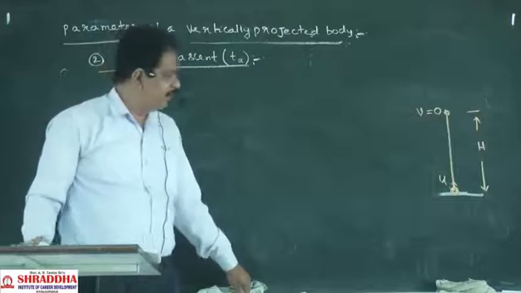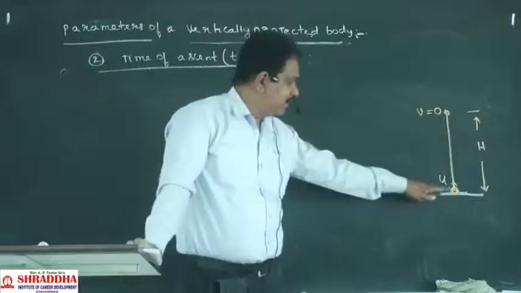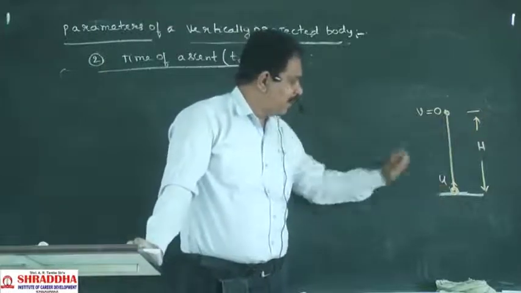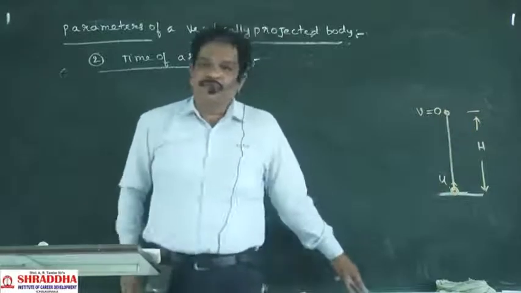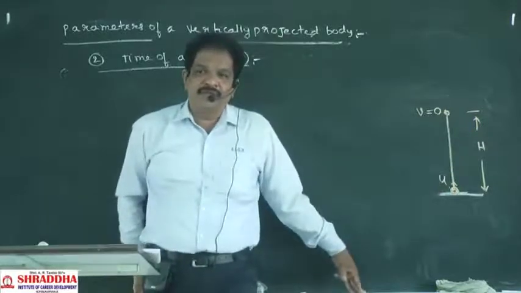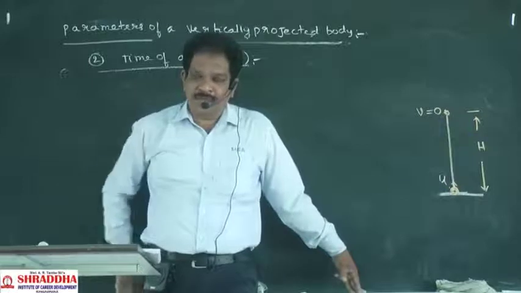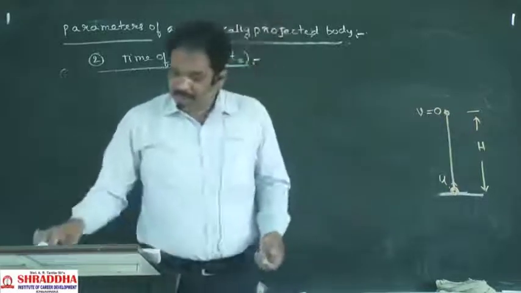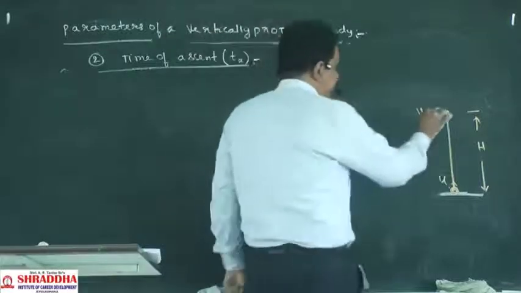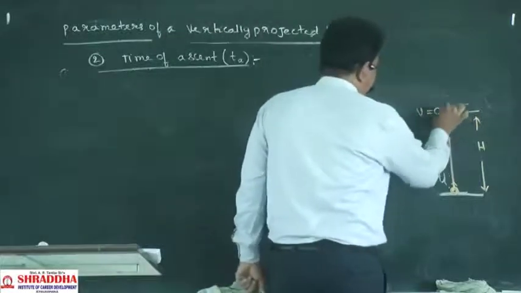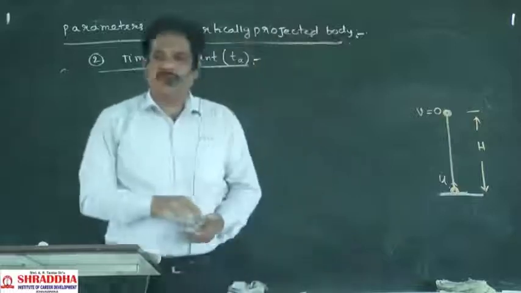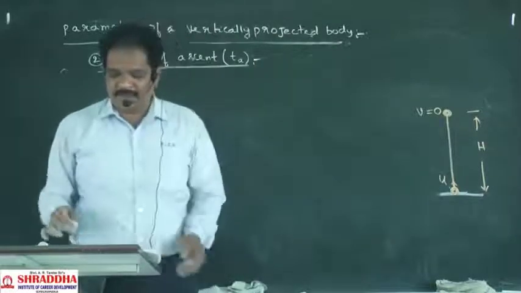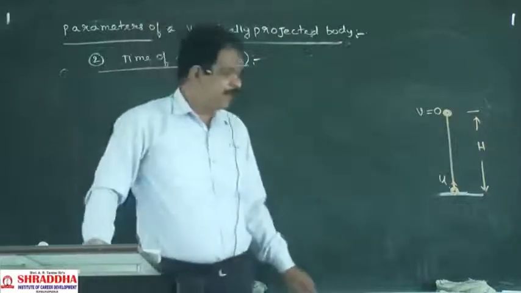How will it be defined? This is called the point of projection, from where you are projecting. It reaches up to here. Where it is reaching will be called the highest point, where the final velocity becomes 0.